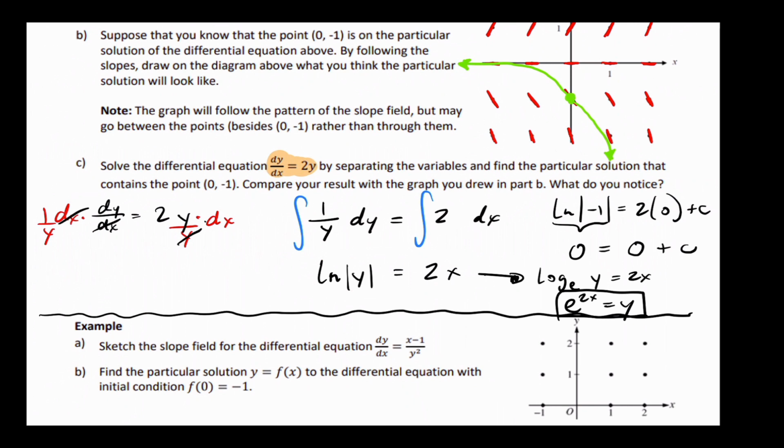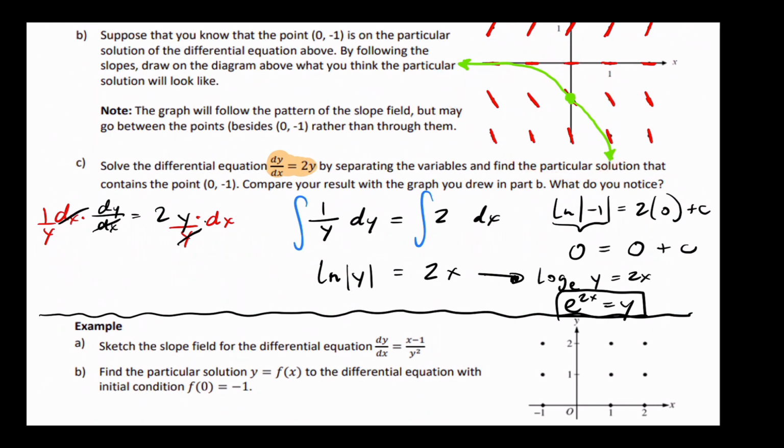And if I go to Desmos or whatever graphing function and I graph that, guess what it's going to look like? That guy right there. Basically an exponential. It's going to look like this guy right here.